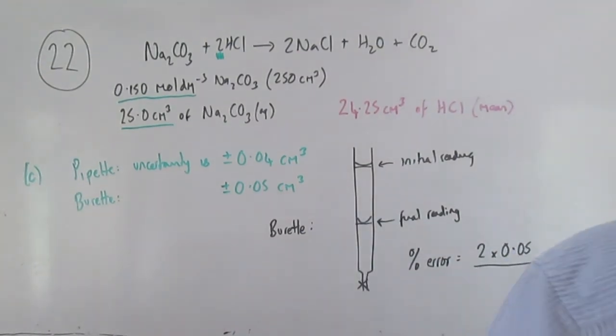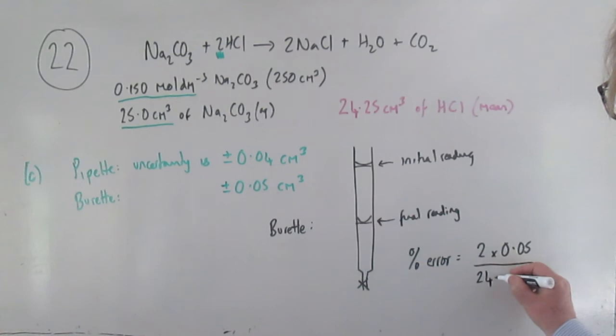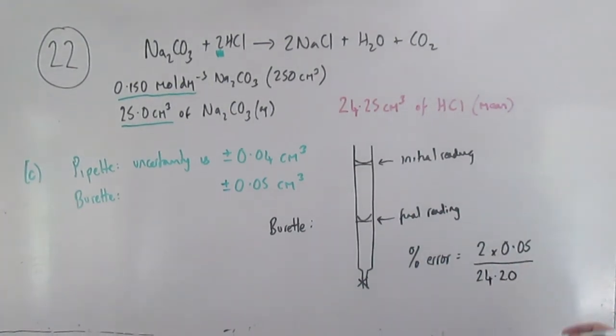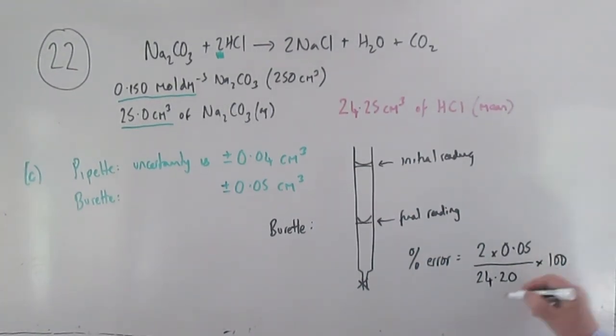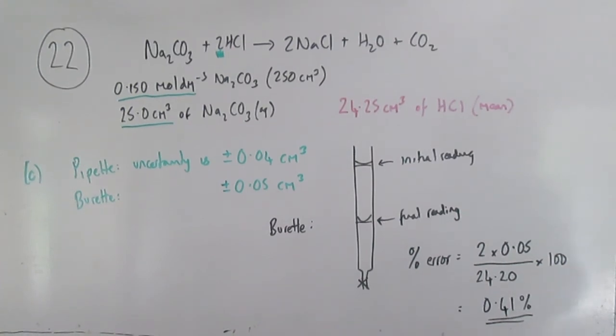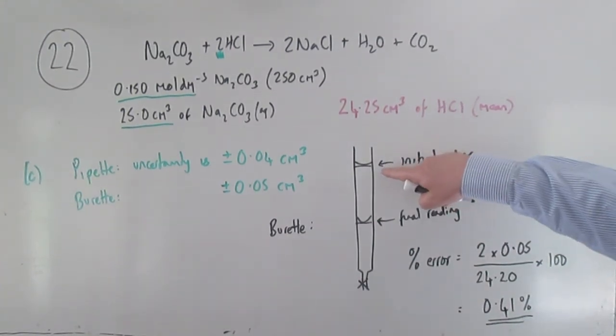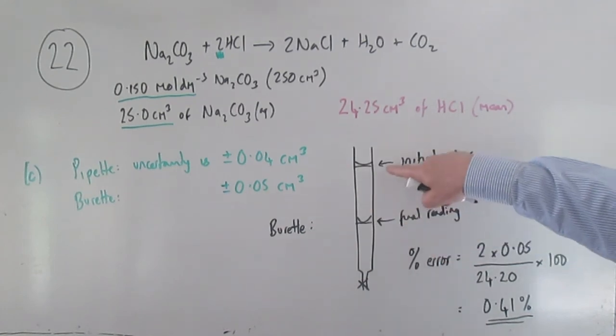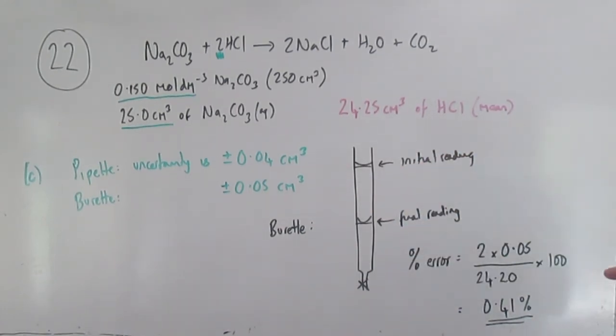So if we use, say, 24.20 as an example, and multiply that times 100, you get 0.41% as the error. But as I say, you could get slightly different numbers if you used any of the individual titrations, or you could use the mean one and get that number. So the important difference is recognizing that where the number you work with relies on 2 separate readings, you have to add together the errors on the individual readings.